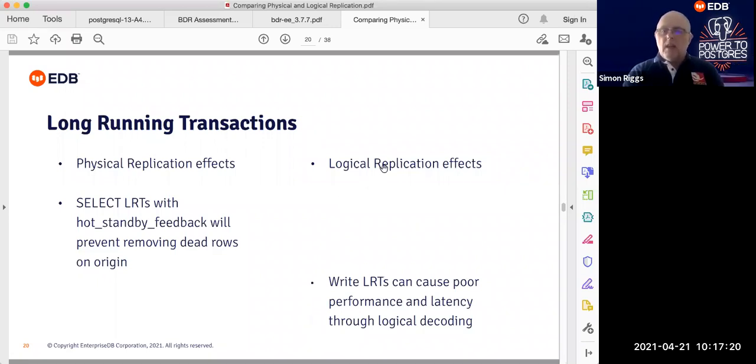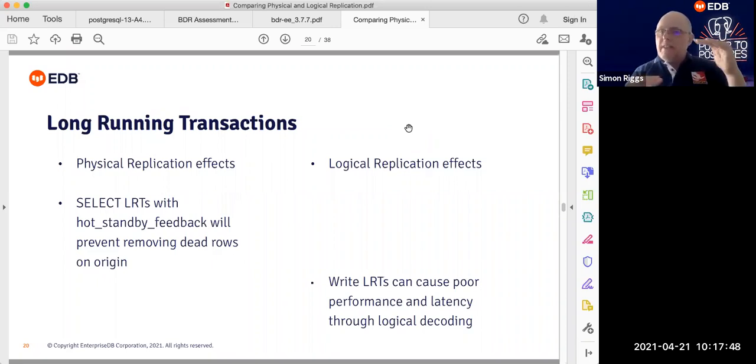And then on the logical side, long-running transactions can also cause problems. Now, these are completely different problems. So on the physical side, we're talking about selects running on hot standby, and on logical replication, I'm talking about write transactions running on the origin nodes.